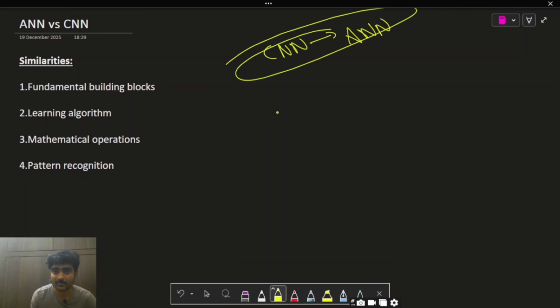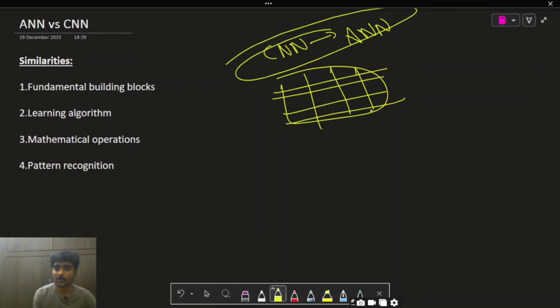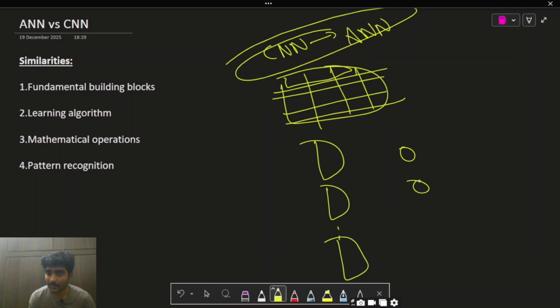Before starting, let us first discuss how artificial neural networks work on grid-like structures. Let's say this is our image. If I want to train an artificial neural network on this image, I flatten this grid-like structure. First I place my first row, then my second row, and subsequent rows. Then I take my hidden layers, and this is my output layer.